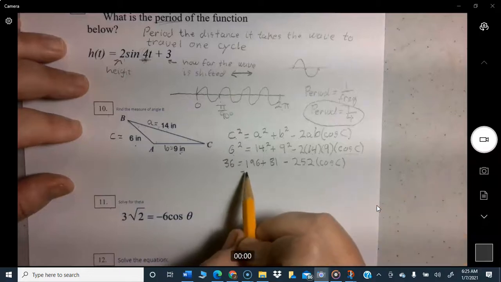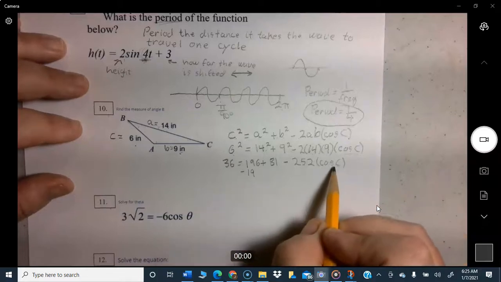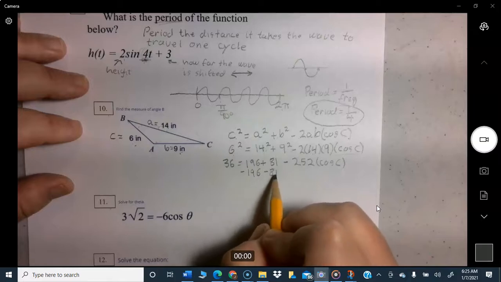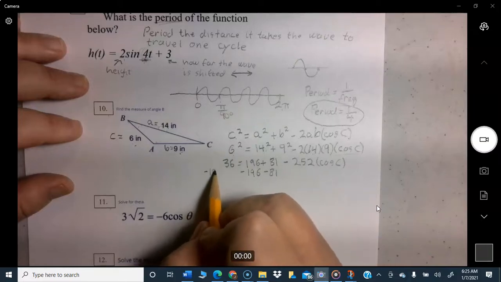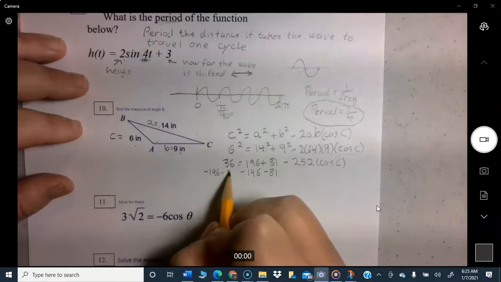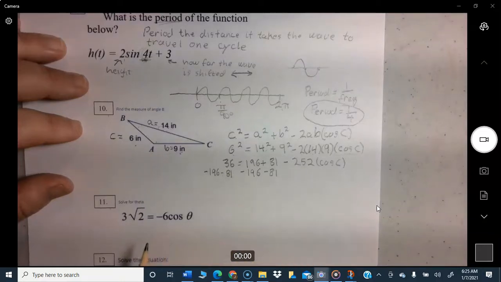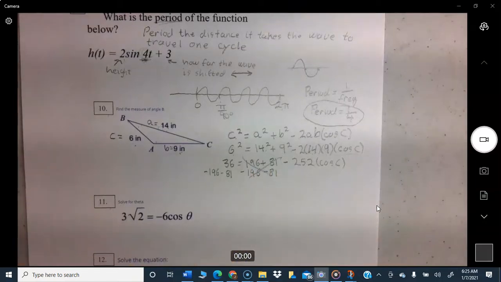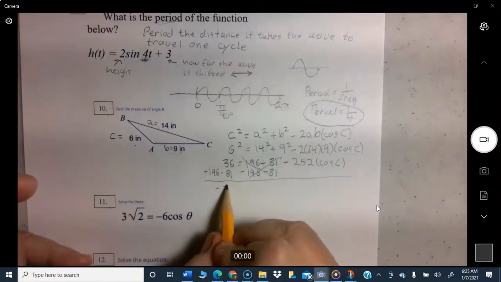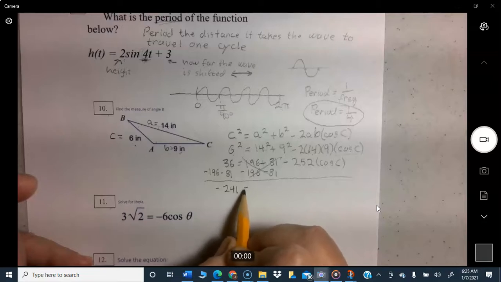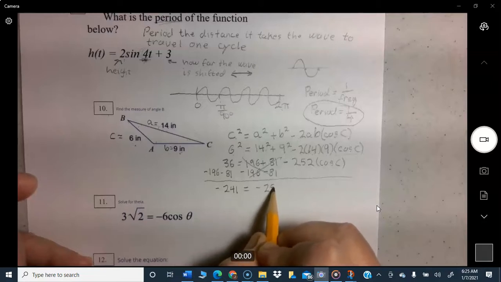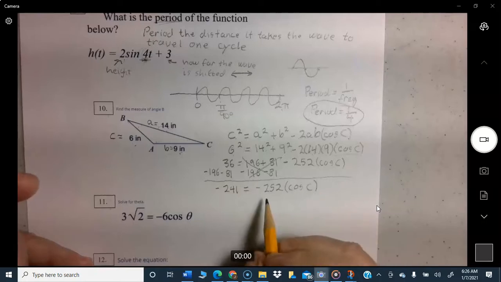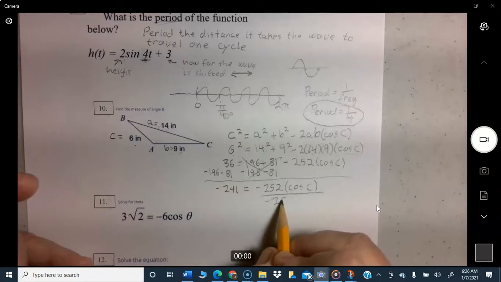Okay, now we're going to subtract 196. We're trying to solve for this. So 196 minus 81, over here it's minus 196 minus 81. And these just cancel out. And 36 minus 196 gives you negative 241 equals negative 252 times cosine C. I'm going to divide both sides by negative 252.